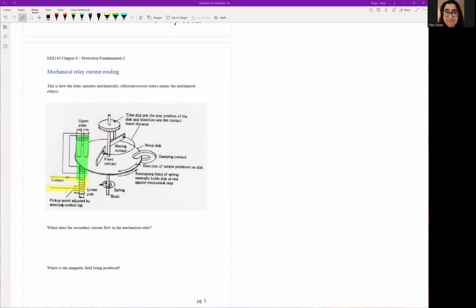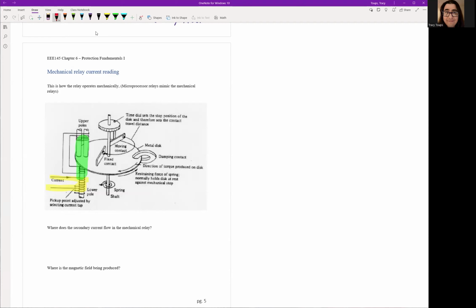It's so imprinted in our industry that microprocessor relays literally try to mimic the exact properties of mechanical relays. So anytime you have a mechanical relay with these discs and springs and whatnot, there's a digital relay equivalent, which just mimics the old mechanical one. So let's try to figure out how this mechanical, or analog, computer works.